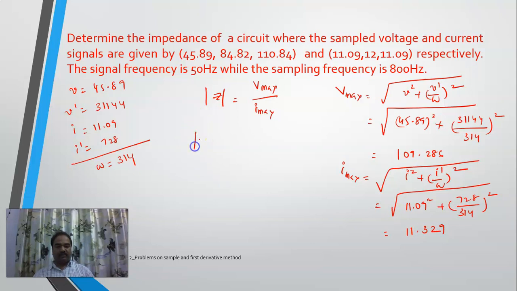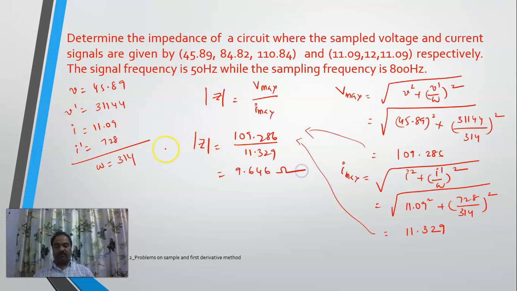So what is the value of Z now? Z value is 109.286 from here, and from here I max is 11.329. So magnitude of Z is somewhere around 9.646 ohms. This is only the magnitude.